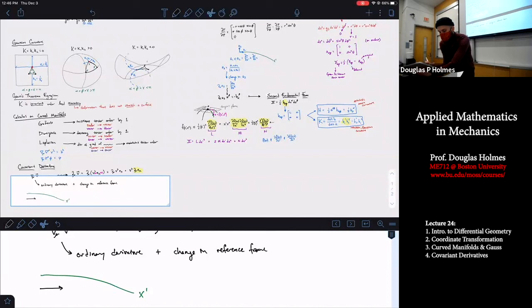I'll take my tangent vector here. And if I move that tangent vector along the curve, it's no longer tangent.